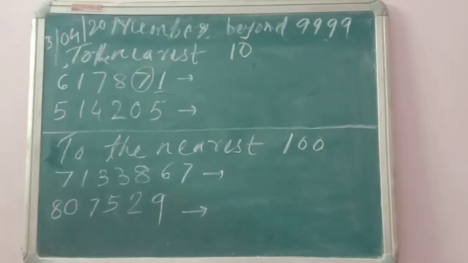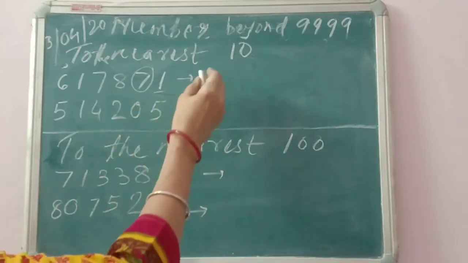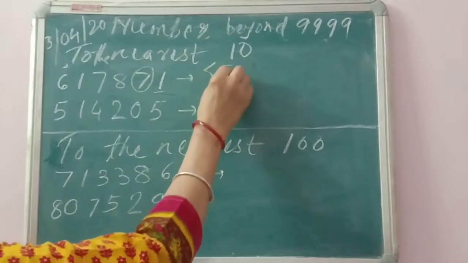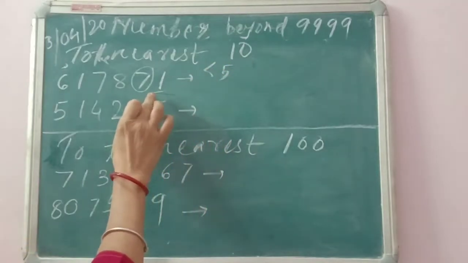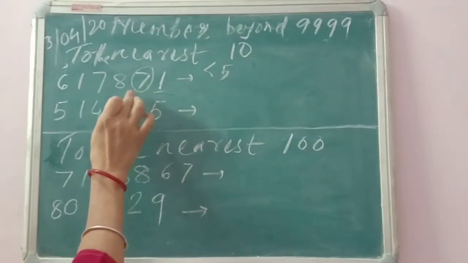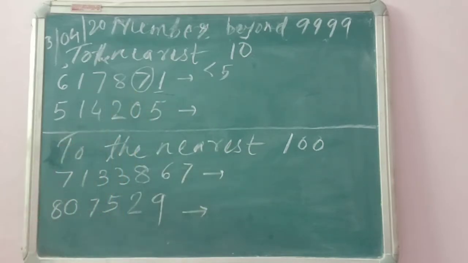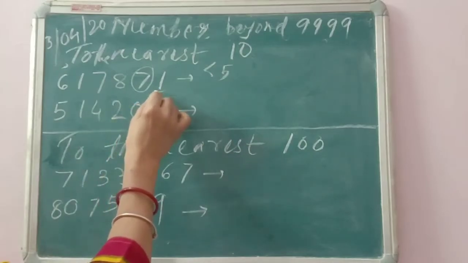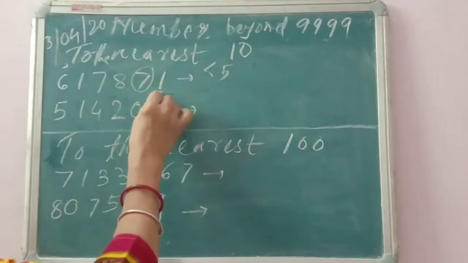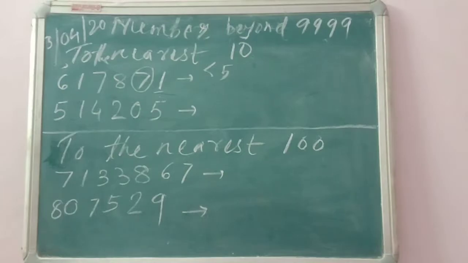According to the rounding rules, if this digit is less than 5, the digit at the tens place will not change, and we replace the ones place by 0.